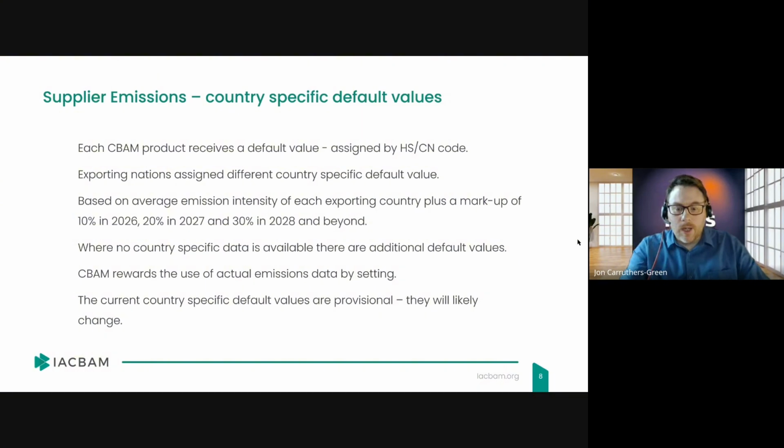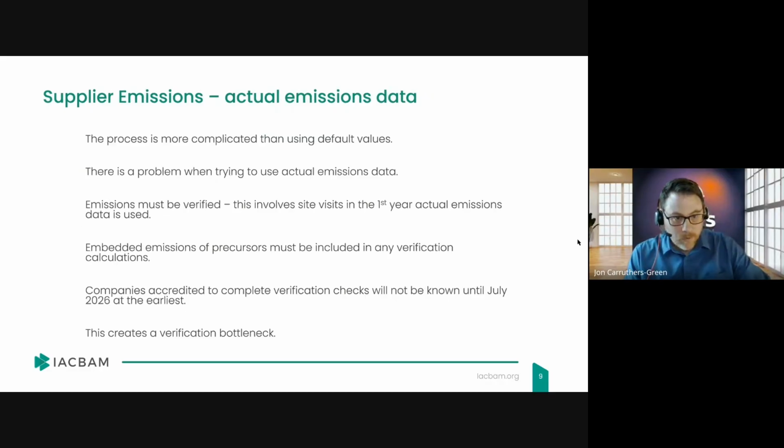So the other option that you have, instead of using these default values, is to use actual emissions data. This will be information that you'll have received from your supplier, and these can be used instead of the default values. There is a little bit of a problem trying to do this at the moment.